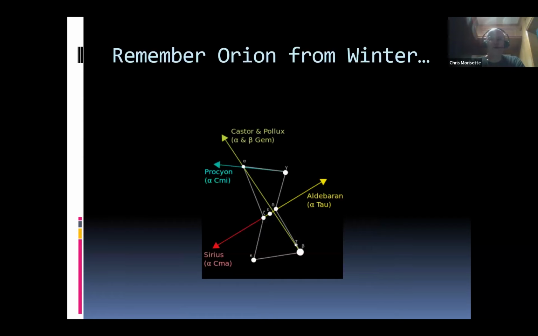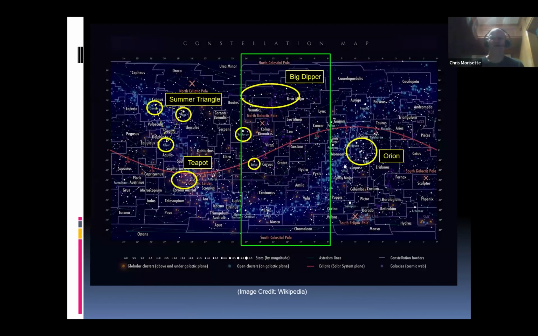So you remember Orion was our star of the show, pardon the pun, back in the winter. Now we've moved to a different part of the night sky. So this green box that you see here really represents kind of the prime time viewing area, in general terms, of the spring season.